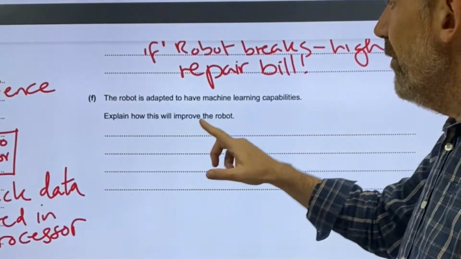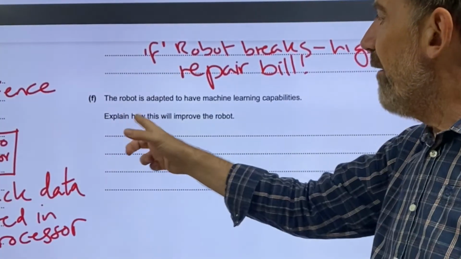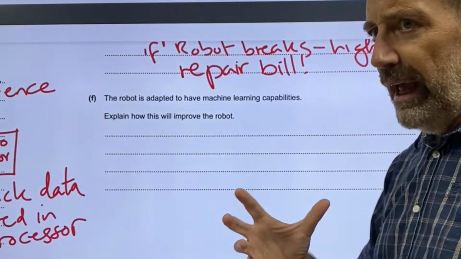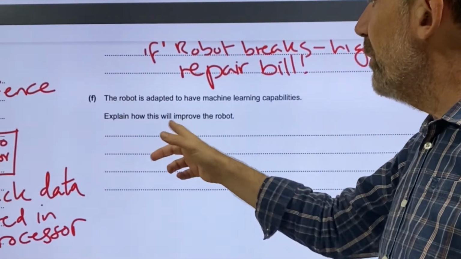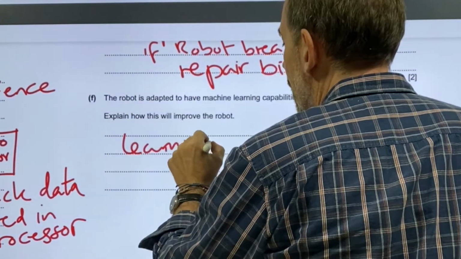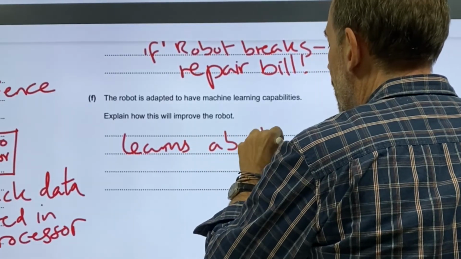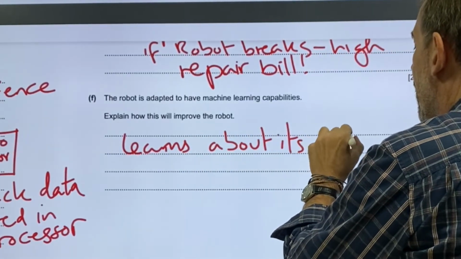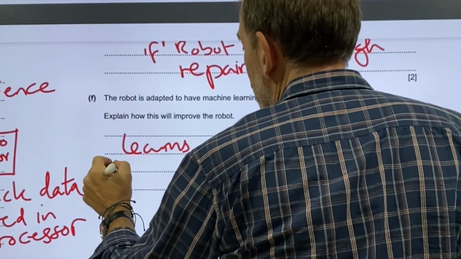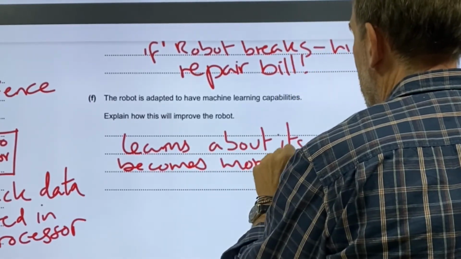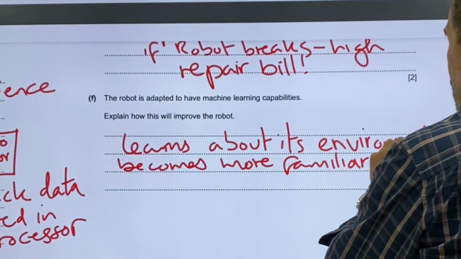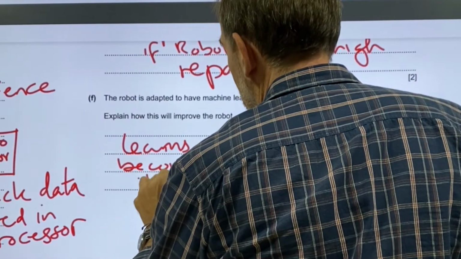So moving on to F. How many robot questions are there? F. The robot is adapted to have machine learning capabilities, a little bit like generative AI. Explain how this improves the robot. We could talk about it learns about its environment, becomes more familiar with its surroundings.